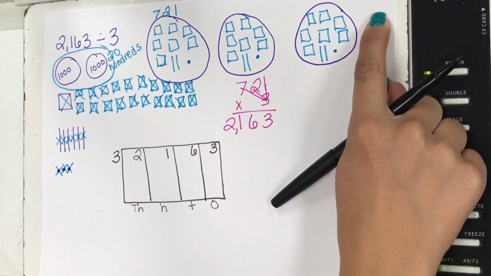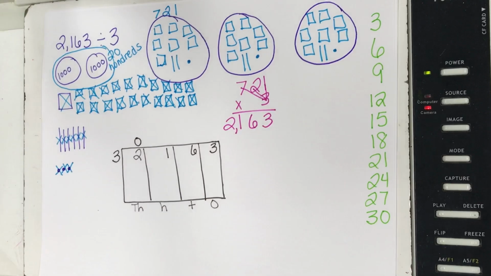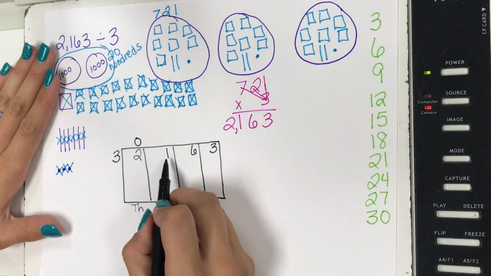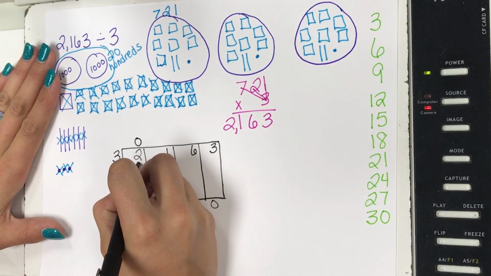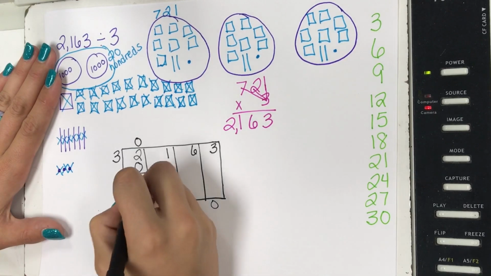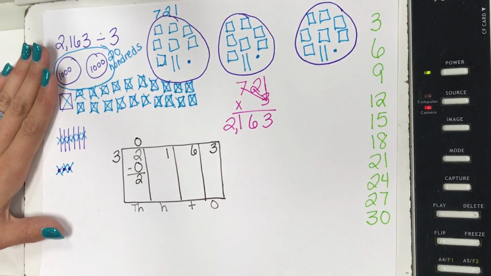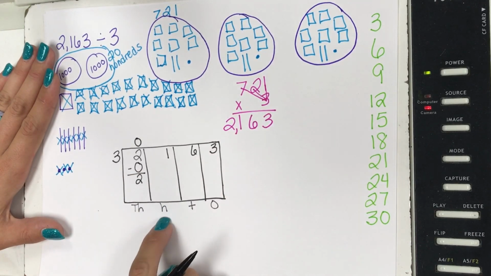So how many numbers are above it? 0. If I have 2, I don't have any way to share that with 3 people. What do I need to do? How many did I use? 0. So how many are left over? 2. So if I have 2 thousands, I need to bring them over into my hundreds place.